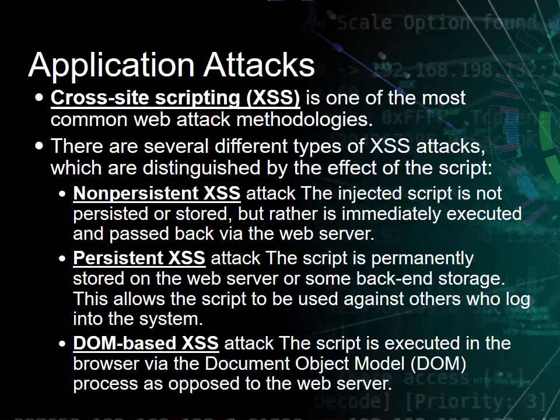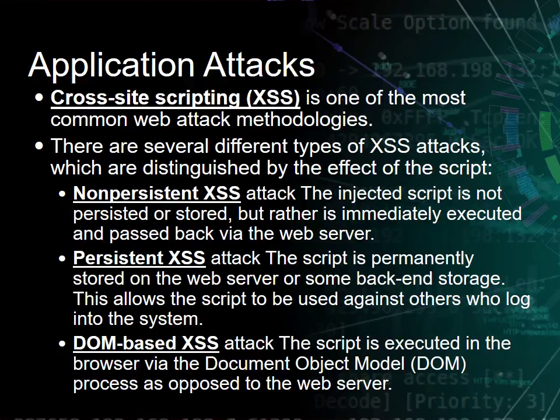There are several different types of cross-site scripting attacks, which are distinguished by the effects of the script. Non-persistent cross-site attacks: the injected script is not persisted or stored, but rather is immediately executed and passed back via the web server. Persistent cross-site scripting attacks: the script is permanently stored on the web server or some back-end storage.